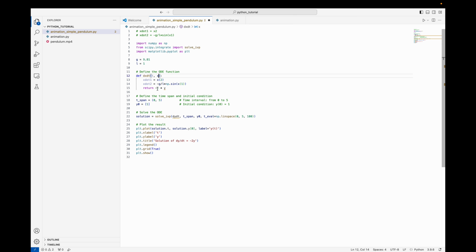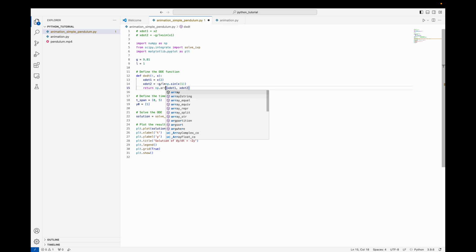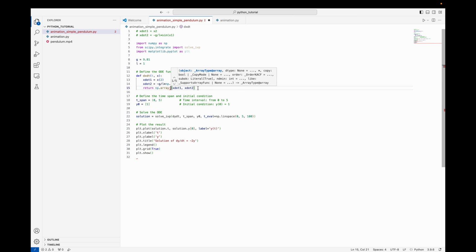So what I'm returning here is the differential equation, which is the derivative of this x array, which is gonna be x1 dot and x2 dot. I'm not sure if I should return these as an array like this. I will try, and then I will see.